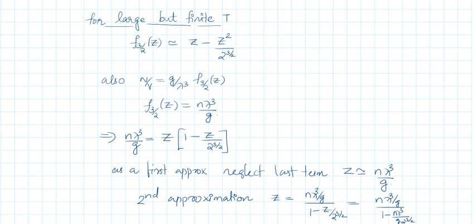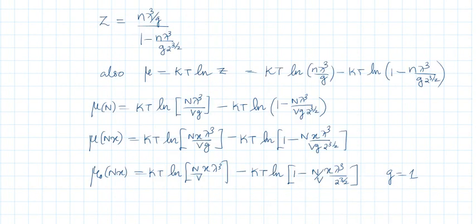And for getting the actual value, in the second approximation, you write this z as nλ³/g divided by 1 minus z/2^{3/2} and substitute for this z from the first approximation value. Okay, so this is the second approximation value. This is nλ³/g divided by 1 minus nλ³/g into 2^{3/2}. Using this approximated value, we will calculate μ.